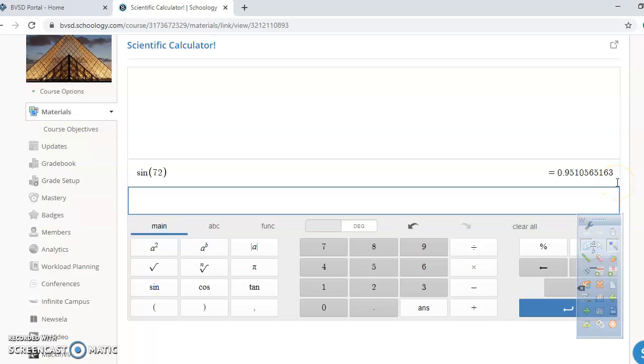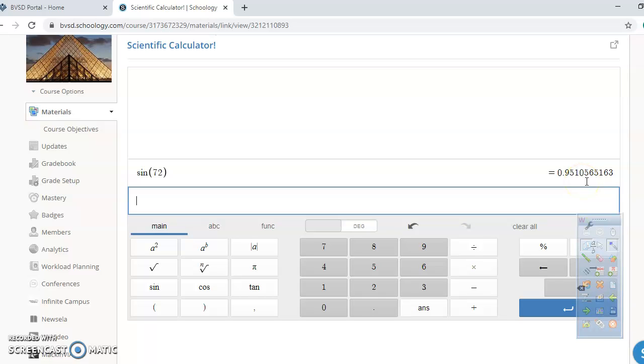We are going to go to 4 decimal places, and you're going to round based on the 5th number. In this particular case, you'll see 0.9510 and then 5. That 5 tells you to round up, so you're at 0.9511.